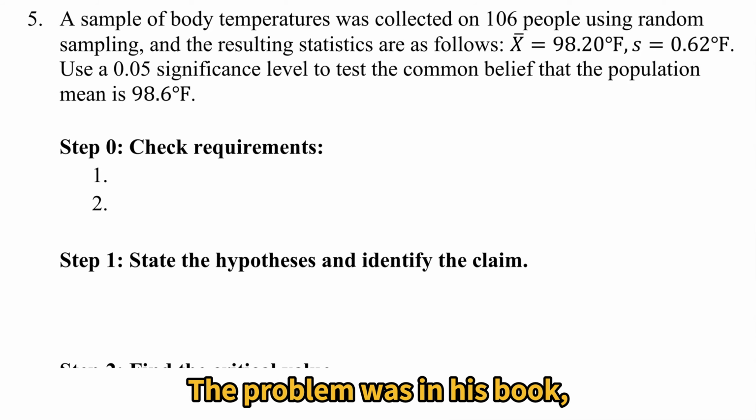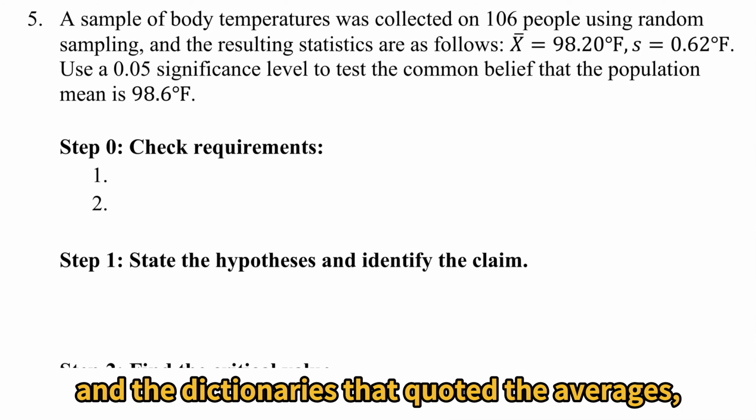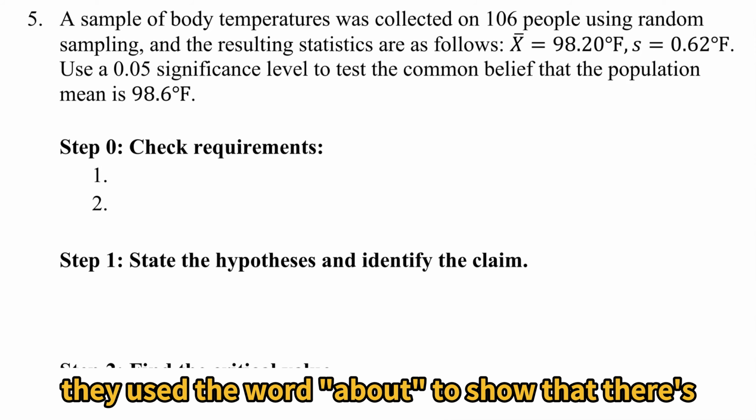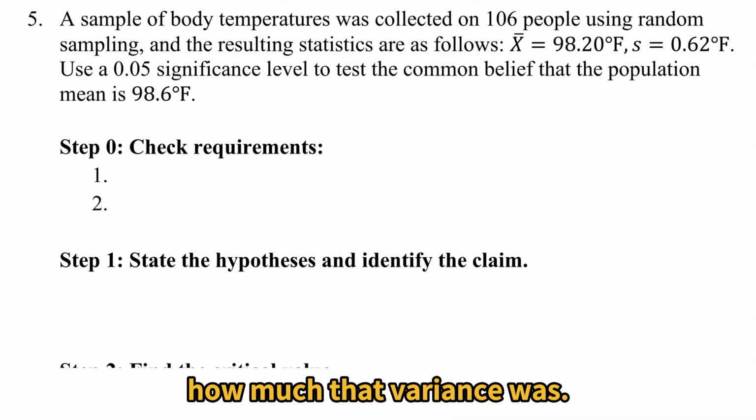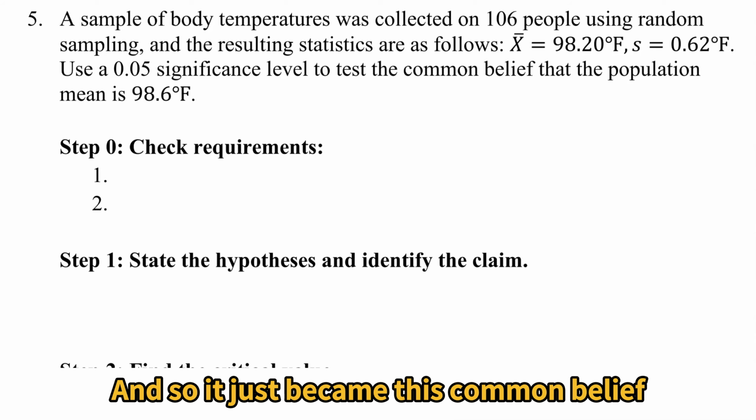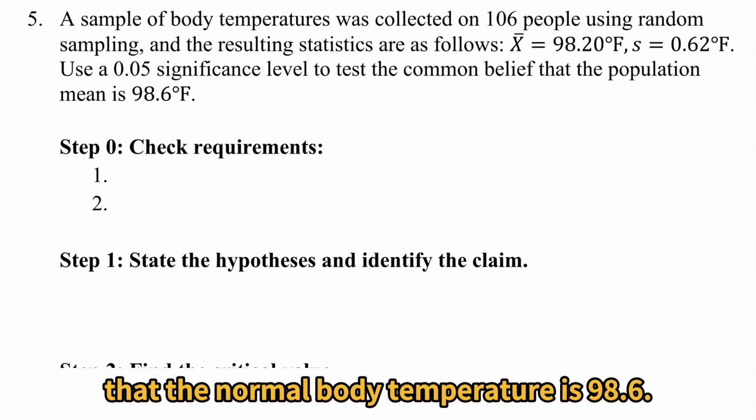The problem was in his book and the dictionaries that quoted the averages, they used the word "about" to show that there's some variance, but they generally didn't state how much that variance was. And so it just became this common belief that the normal body temperature is 98.6.